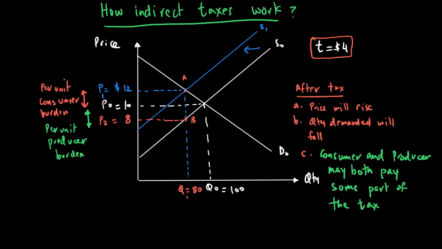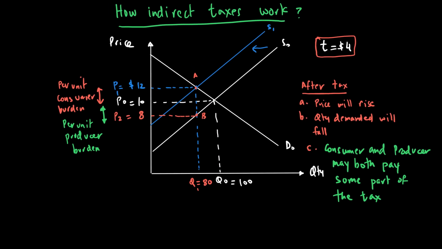Right? Now, the first thing that we want to look at is the effect of an indirect tax in terms of consumer surplus and producer surplus, and in terms of consumer welfare and producer welfare. So for that, let's label each region with a number. Let's call this 1, let's call this area 2, 3, 4, 5, and 6.